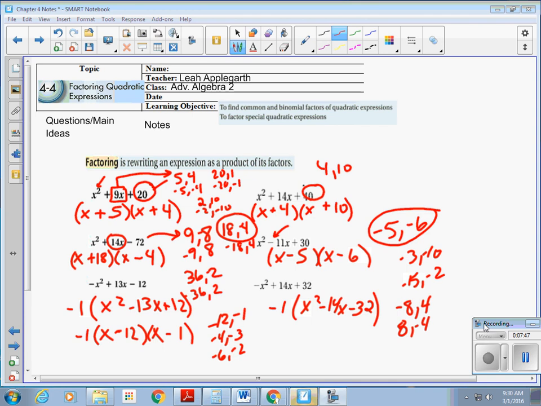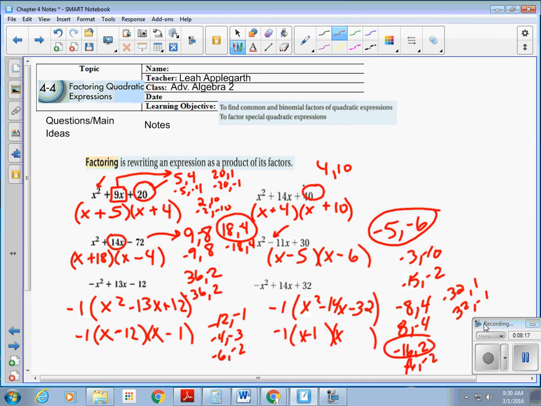There are 16 and 2, or 16 and negative 2. There's 32 and 1, or 32 and negative 1. The one that adds up to give us negative 14 is this one right here, negative 16, positive 2.